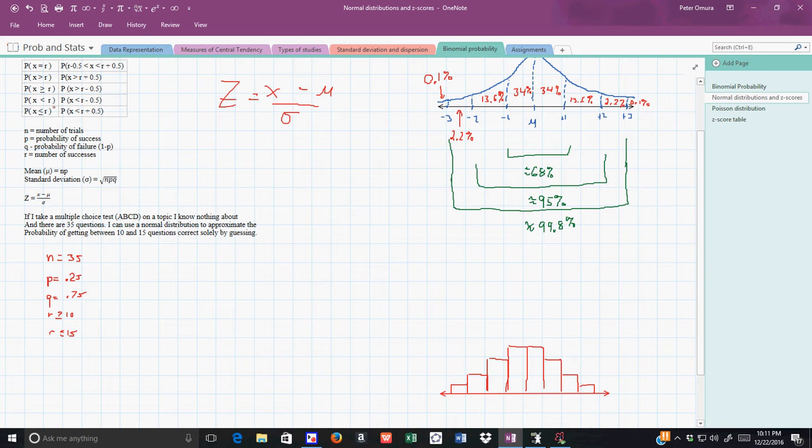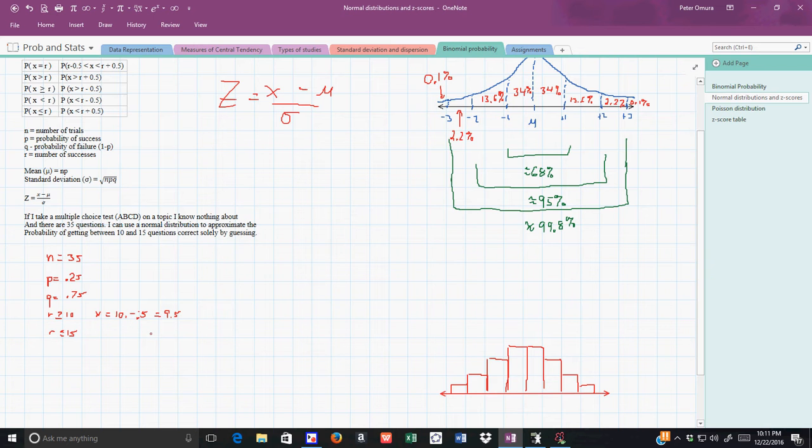X is greater than or equal to R, right? So X is going to be 10 minus 0.5, which gives me 9.5.